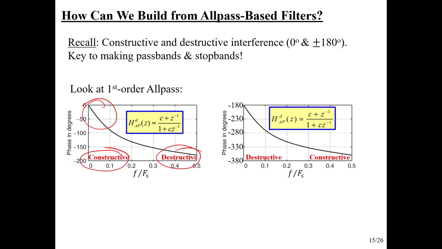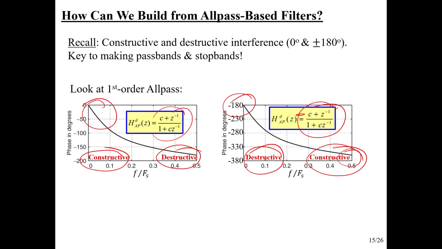And then here's the other form of that. It looks like I have the same thing in both places. So this should just be a negative out in front of that. And so in that one, we have something that starts at minus 180 and goes to minus 360. So now we have destructive interference at low frequencies and constructive interference at high frequencies.